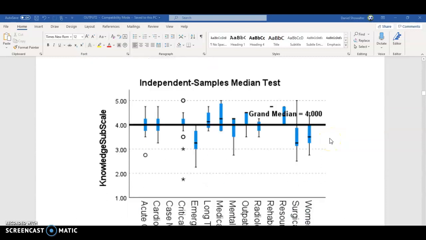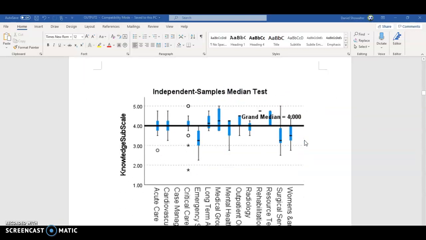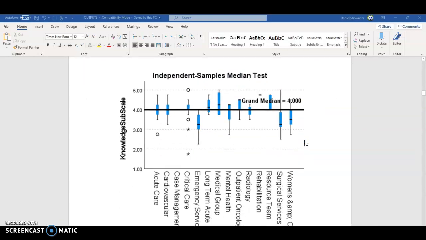Scroll down. I think this is a really nice visual here. It's like the box plots we did, except it's an ordinal version. Well, actually, the box plots we did in class were ordinal in the sense that they worked with the median and the IQR.